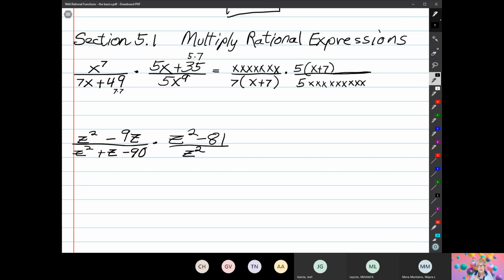Now, after I factor, I can combine these two fractions. When you multiply fractions together, you multiply the top times the top, and the bottom times the bottom. And now I'm all set to do that. I'm going to get a different color.